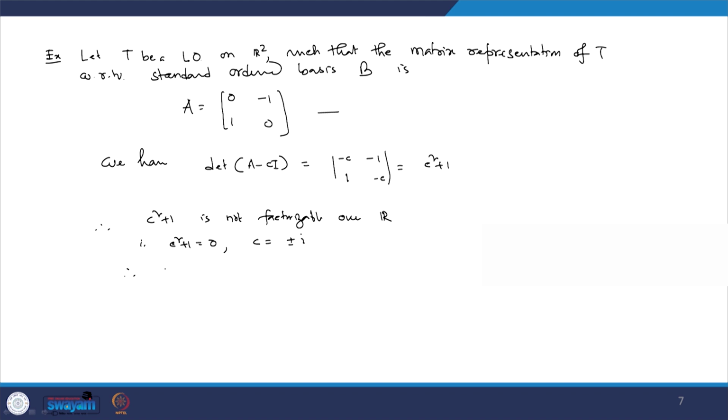So, A does not have an eigenvalue over the real line, but it has eigenvalues over the complex numbers.